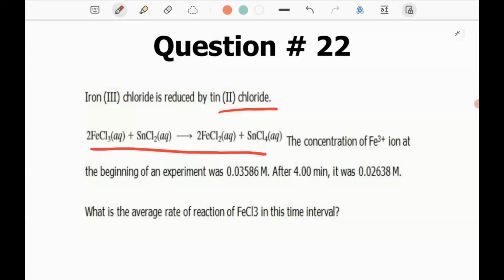The concentration of iron 3 at the beginning of an experiment was about 0.03586 molar. After 4 minutes, it was 0.02638 molar. What is the average rate of the reaction of iron 3 chloride in this time interval?